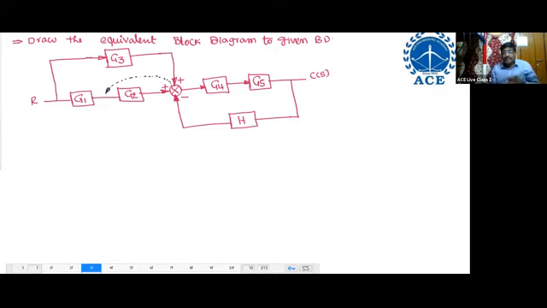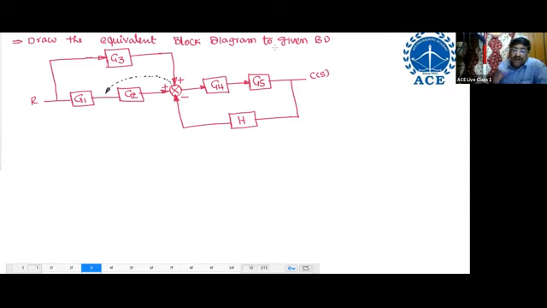Tell, what blocks are affected here? Anybody? G3, G2, G3 and H. Yes, good.